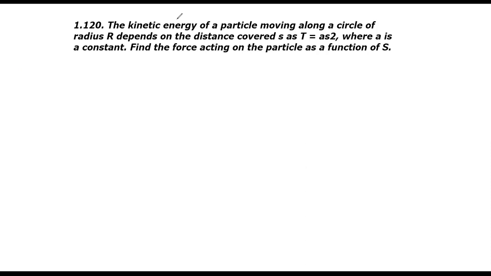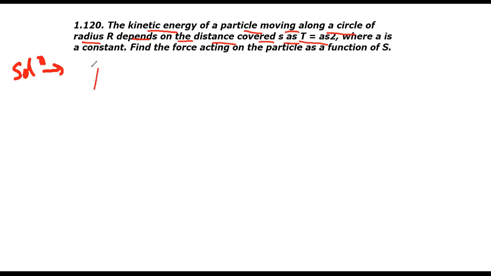Okay, students. So solution. It's given that the kinetic energy of a particle moving along a circle of radius r depends on distance covered s as T equals a s square.